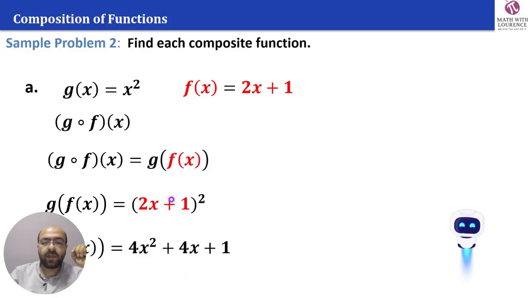Now 1 squared equals 1, because 1 times 1 equals 1.